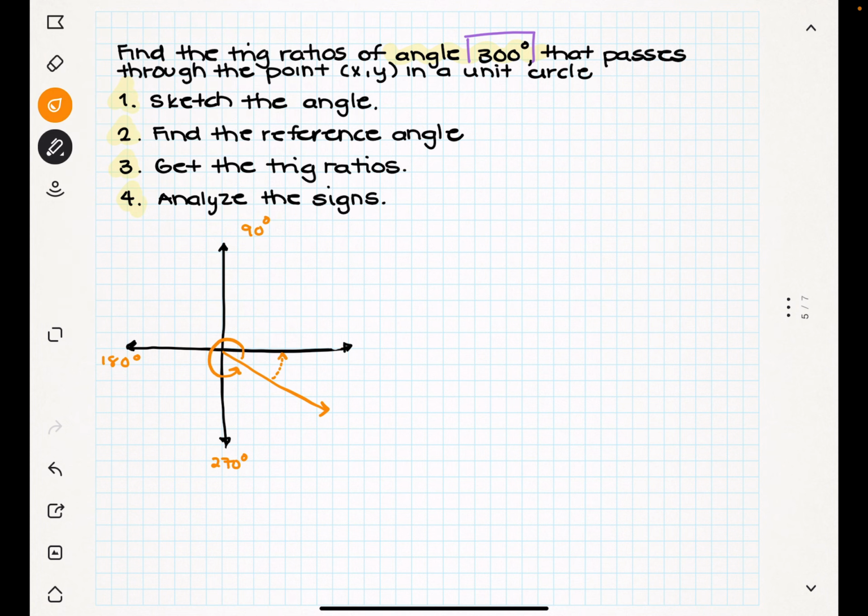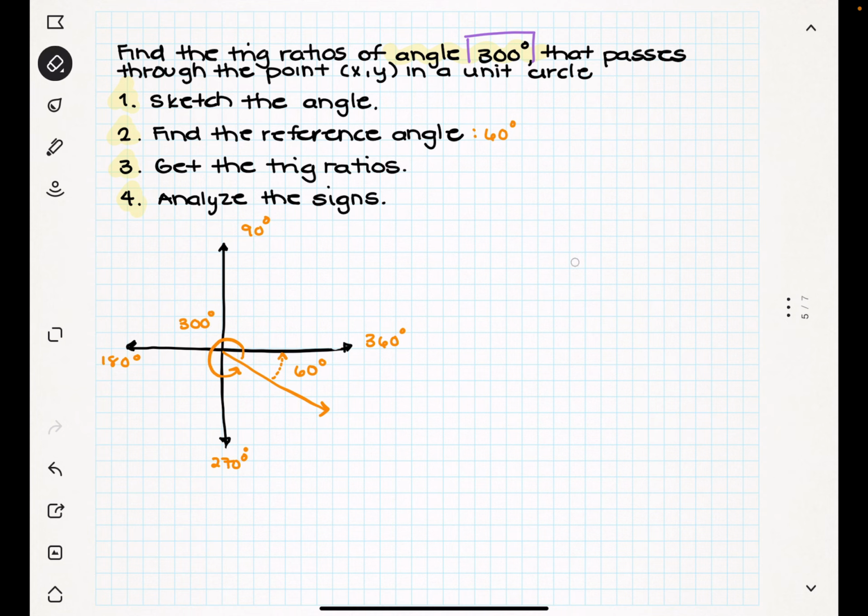In this case, if this is 360 and I have 300, my reference angle is going to be 60 degrees. That is how far away I am from my horizontal line. I'm going to be working with my reference angle because it's going to give me the same information as my actual angle.